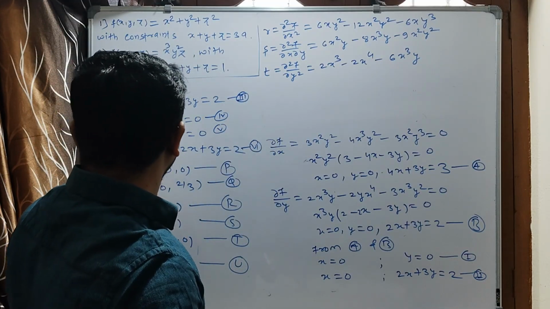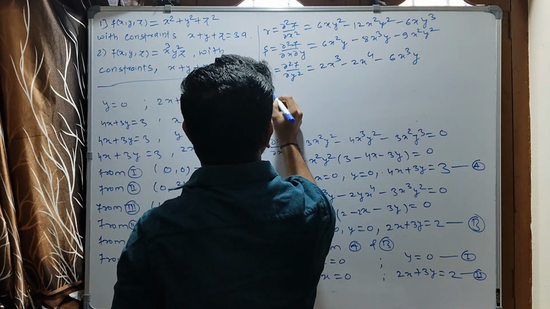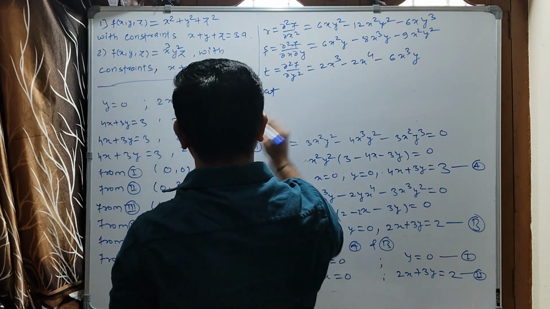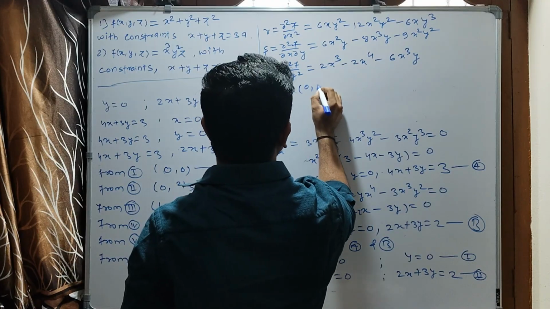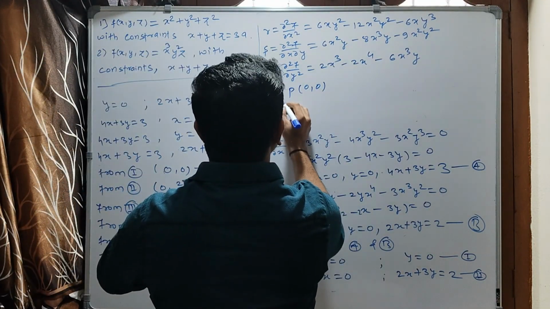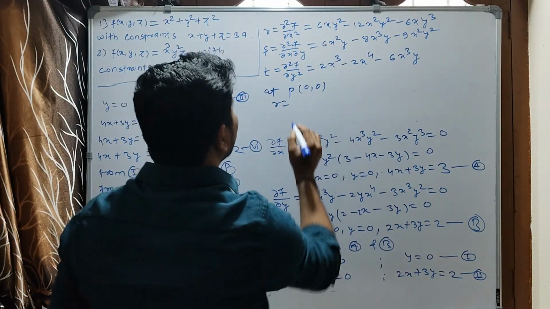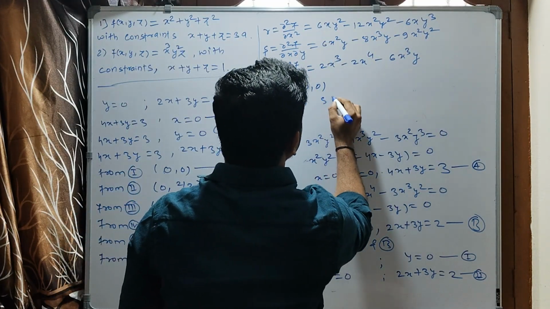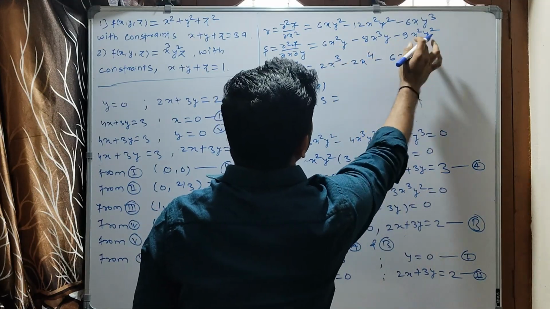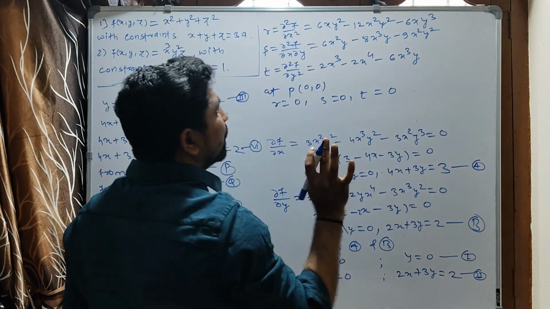So at P, that is 0 comma 0, just put x and y both as 0. So r is 0, s equals 0, and t equals 0.